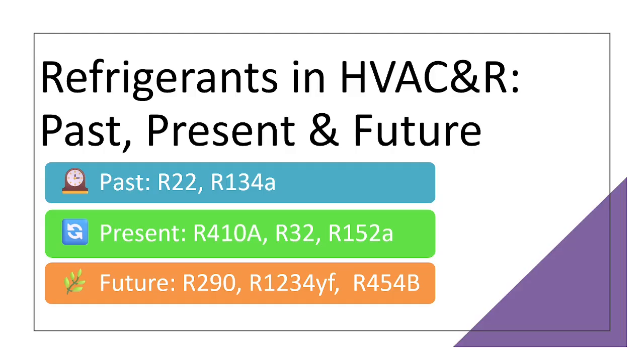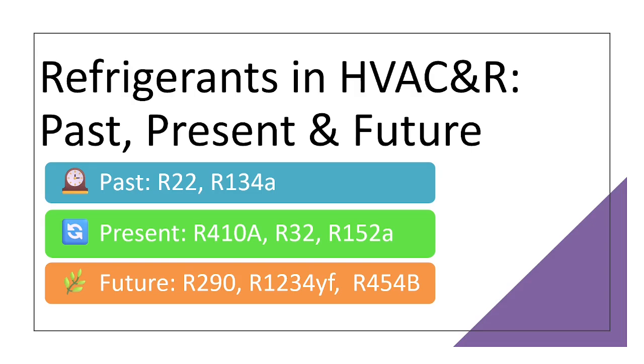Looking to the future, we are shifting to ultra low GWP refrigerants like R290, that is propane, R1234YF, and R454B. These are eco-friendly but often come with flammability trade-offs as per ASHRAE safety groups. This shift is driven by global agreements like the Kigali Amendment and the US AIM Act phasing down high GWP HFCs.